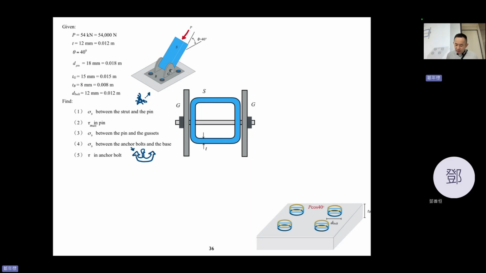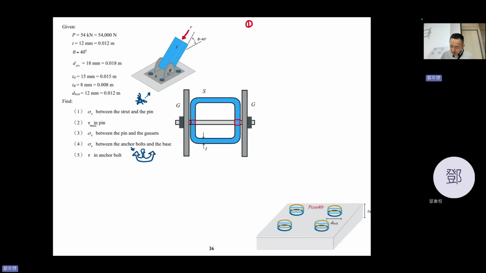So sigma B is how much the pin bears of this force. Two areas stop this strut from hitting you.